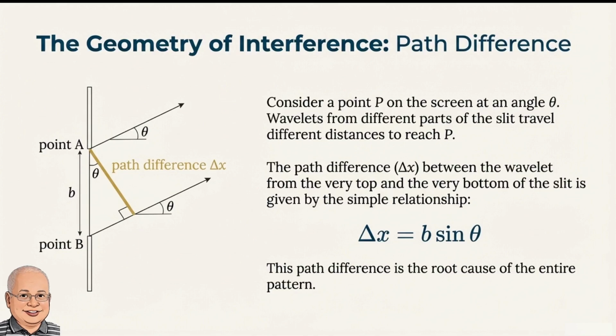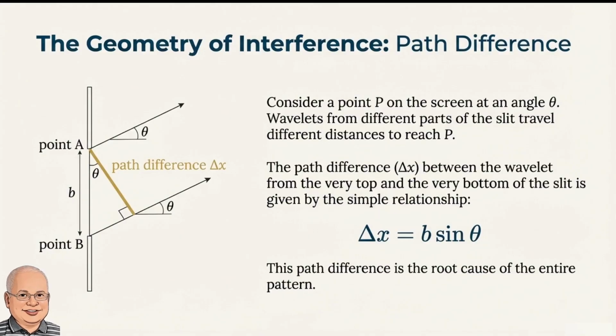From point A, drop a perpendicular onto the ray traveling from point B. Where the perpendicular meets the ray from point B, the distance from point B to that meeting point is called the path difference. Let us call it delta x because the ray is traveling in the x direction.